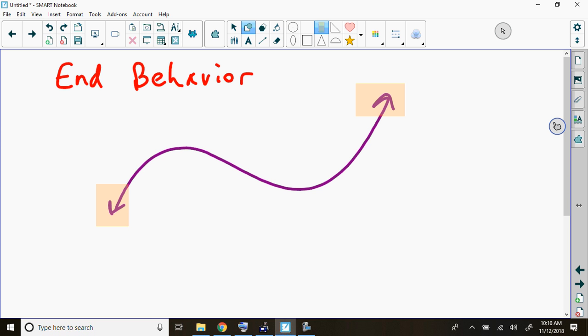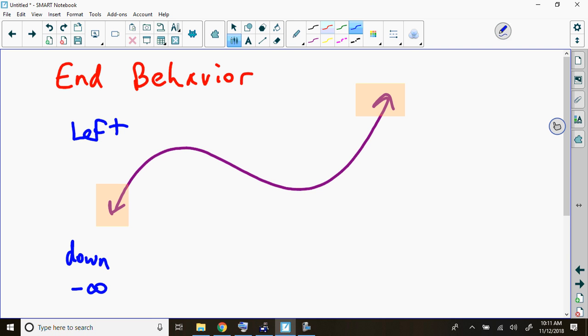For sake of time, I'm going to give you the elementary language of this. When you get to pre-calculus, Mr. Englehart's going to expect you to know the varsity math language associated with these. Okay? So on the left side, what's happening is this one is heading downward. To be clear, when it's heading downward, it's approaching negative infinity.